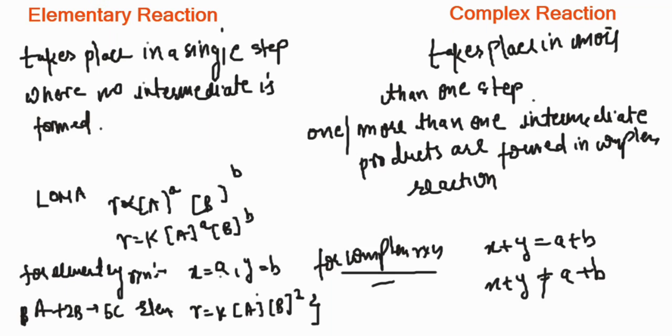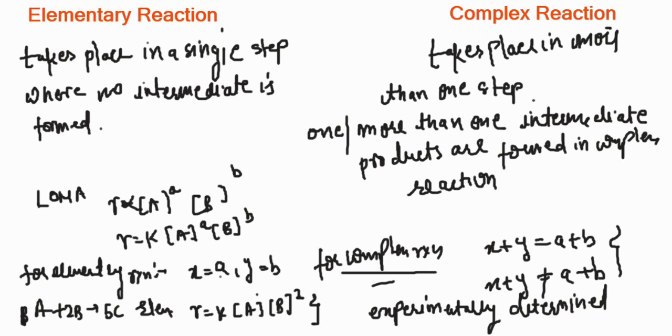But for a complex reaction, it is not necessary. It could be equal to a plus b and it could also not be equal to a plus b. It depends, which is experimentally determined. So the law of mass action has significance for elementary reaction, but it doesn't have any significance with complex reaction.